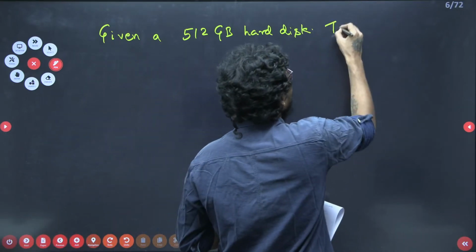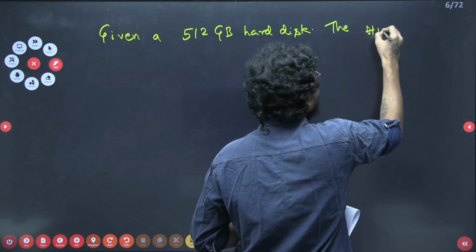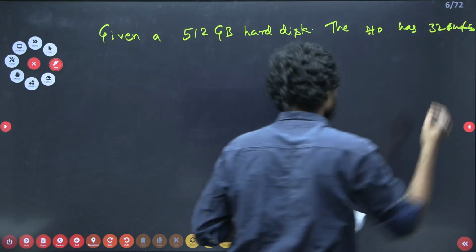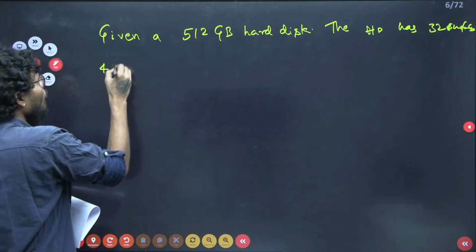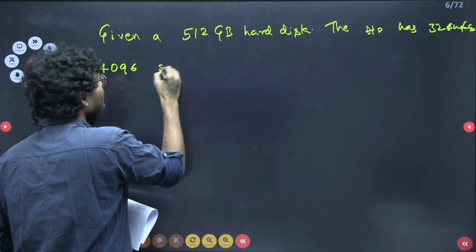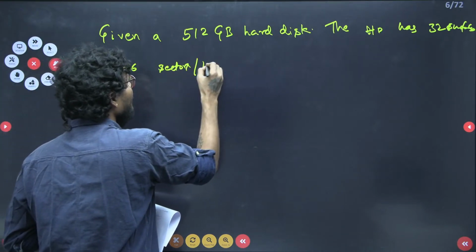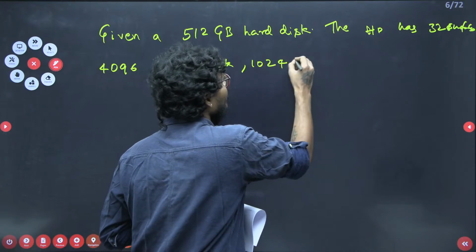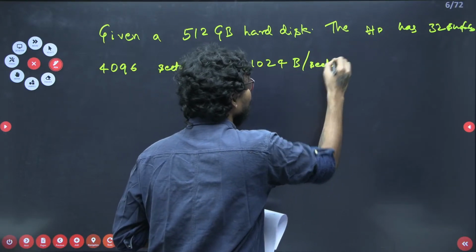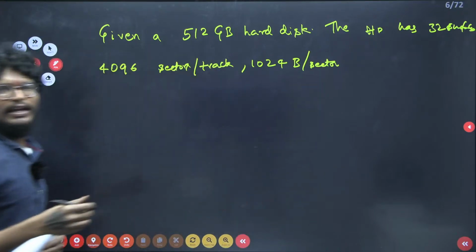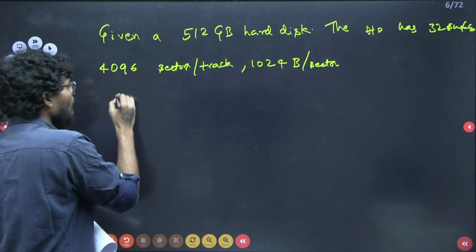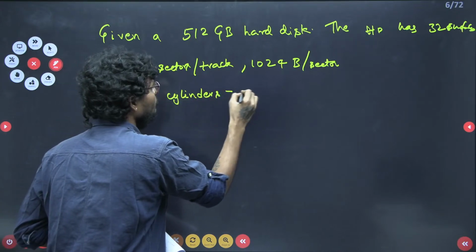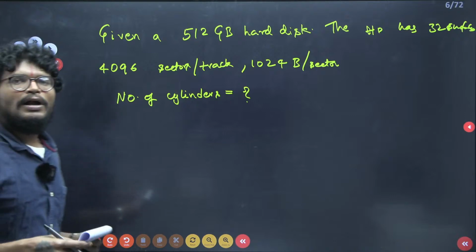It is also given that the hard disk has 32 surfaces, 4096 sectors per track, and 1024 bytes per sector. This is the data given, and we need to find out the number of cylinders in this hard disk.